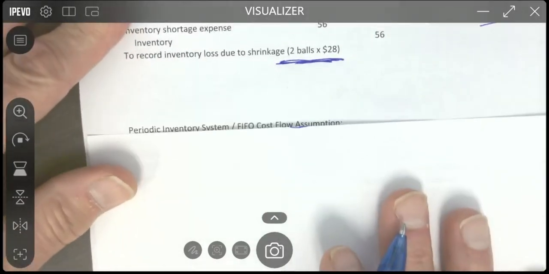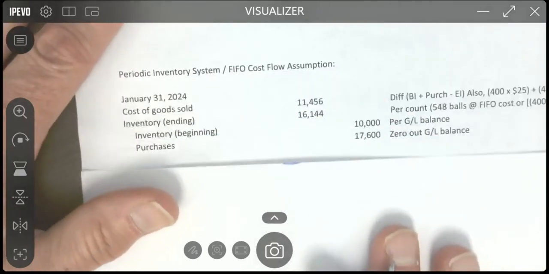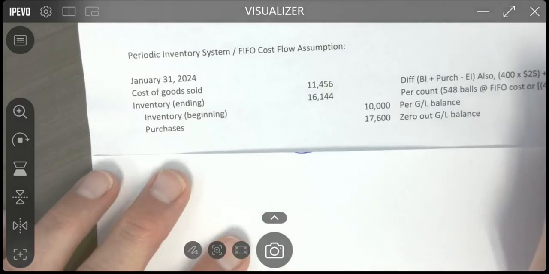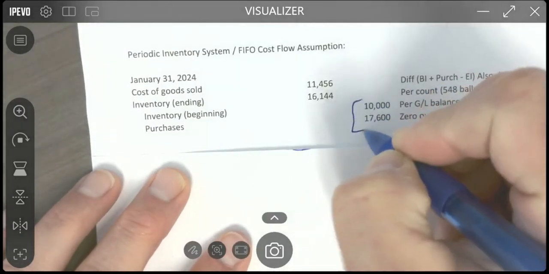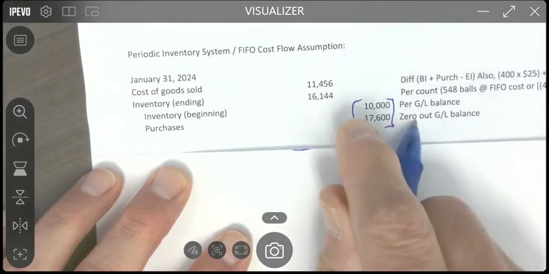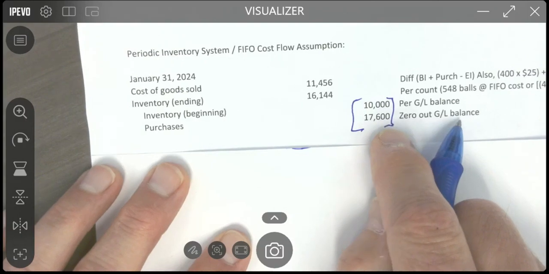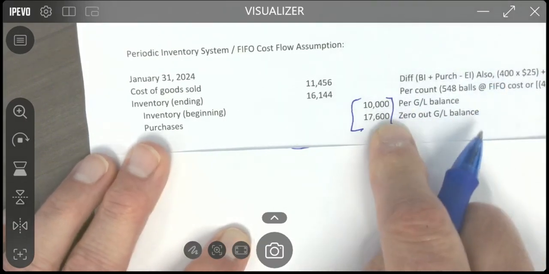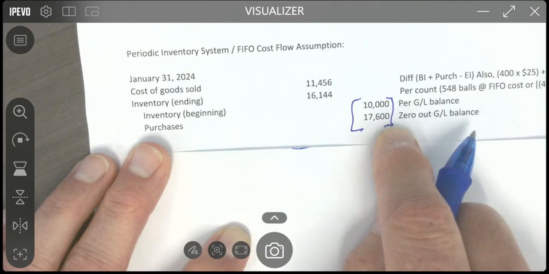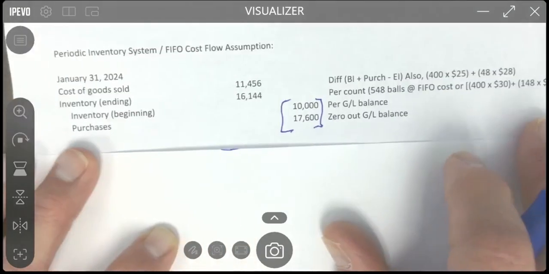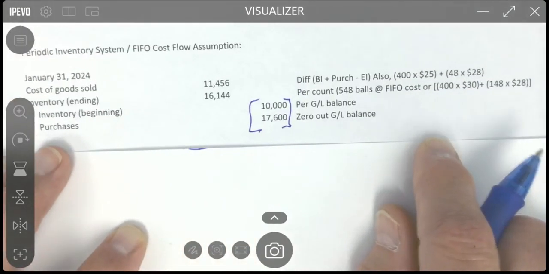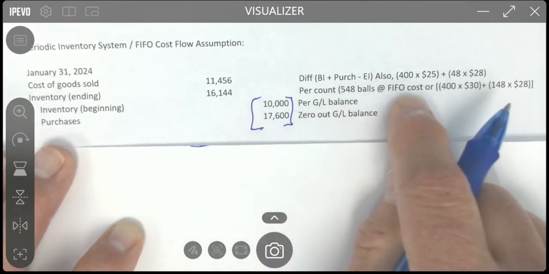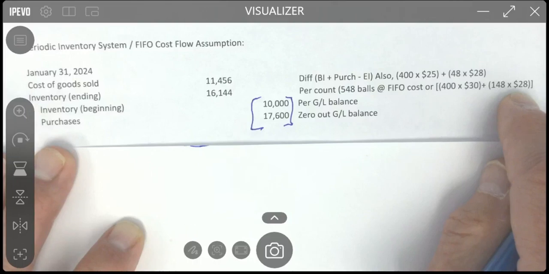Now, under the periodic system, here's the thing. Once again, we zero out the balances, just as we did. That's the beginning inventory balance. That's the zeroing out the purchases. The ending inventory, all we know is that there's 548 balls there, and we assign those costs.